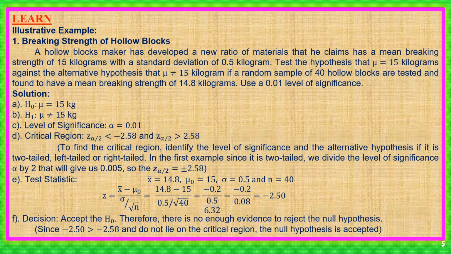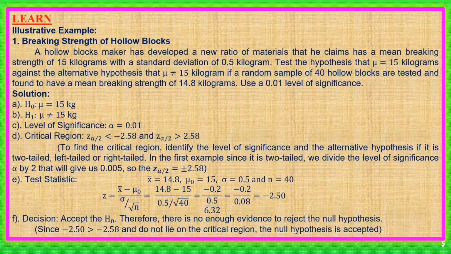So for the test statistic, identify the given. So our mean is 14.8, our mu null is 15, our standard deviation is 0.5, and n is 40. Substituting the given to the formula, which is z equals mean minus mu null divided by standard deviation over square root of n.